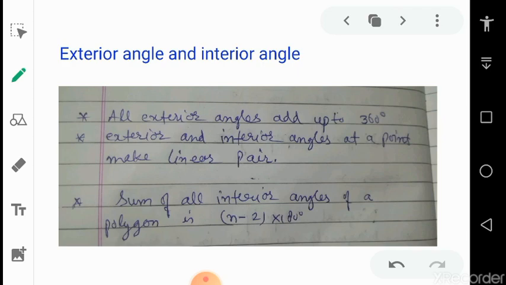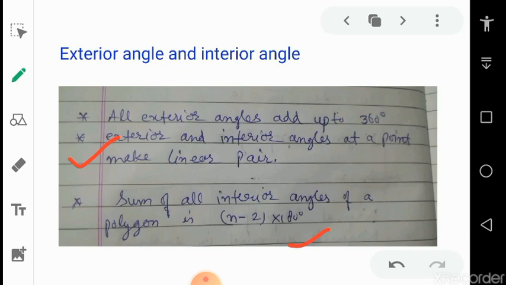Second, exterior angles and interior angles at a point make a linear pair. This one is also important because sometimes the value of the exterior angle is given and we are asked about interior angles and vice versa. Third, the sum of all interior angles of a polygon is n minus 2 multiplied by 180.